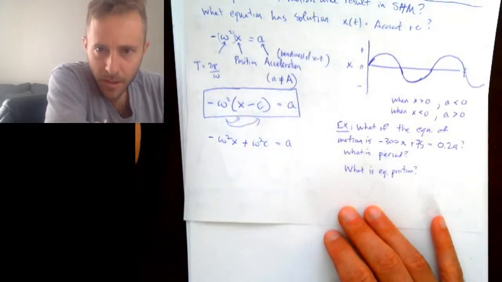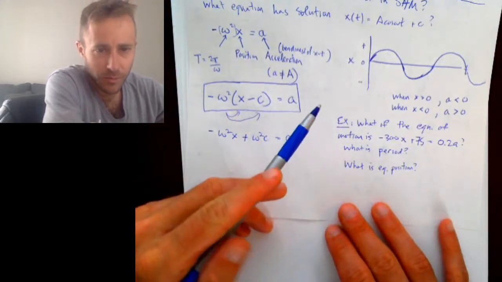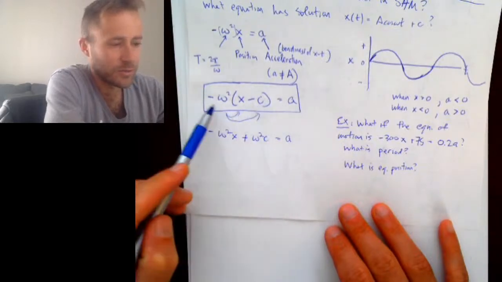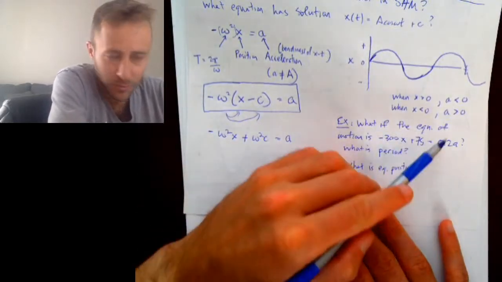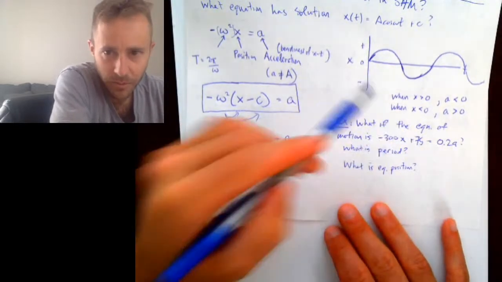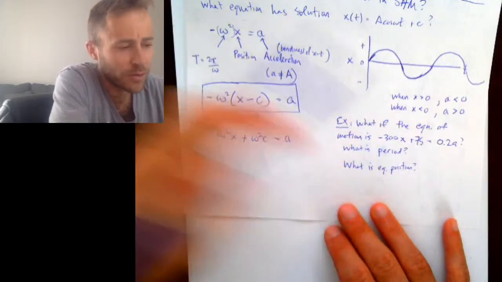All right. So the first thing I'm going to notice is that my equation for simple harmonic motion is of the form a equals something. It's not of the form 0.2a equals something. It's a equals something. Okay? So what I have to do is divide both sides by 0.2.